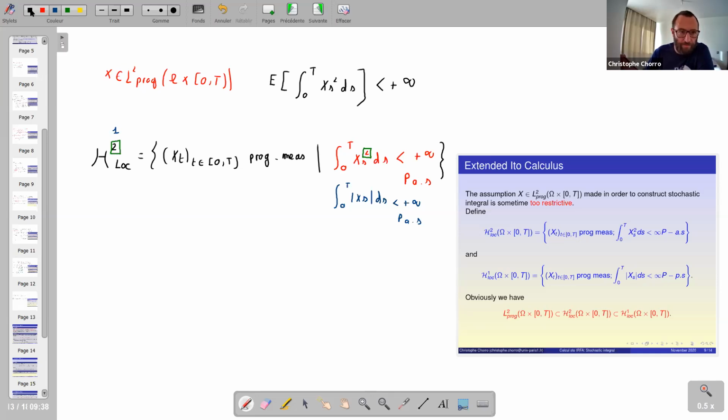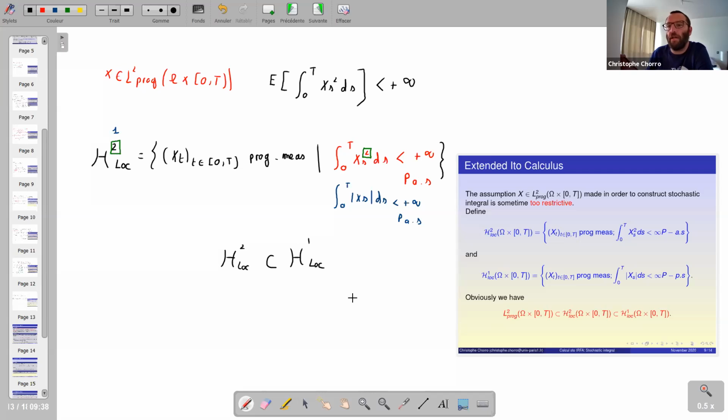So obviously, as usual, I know that L2 is included in L1. So I have H2 loc classically included in H1 loc.